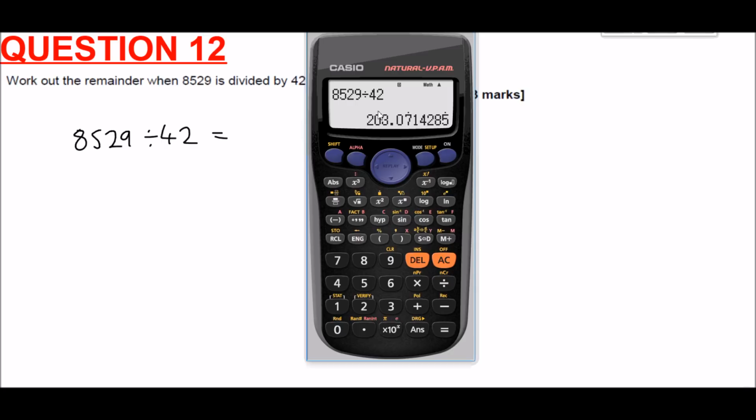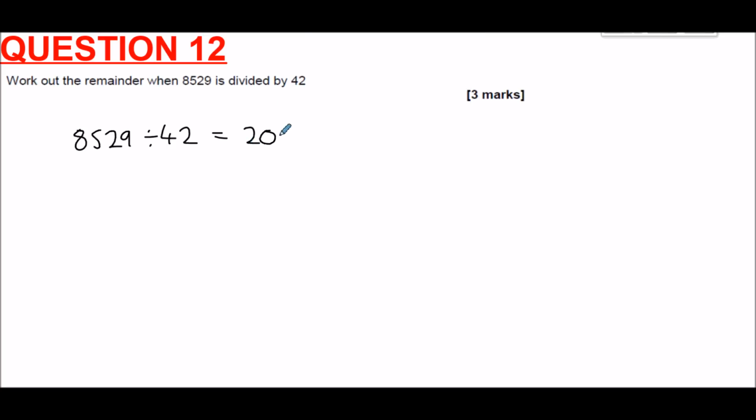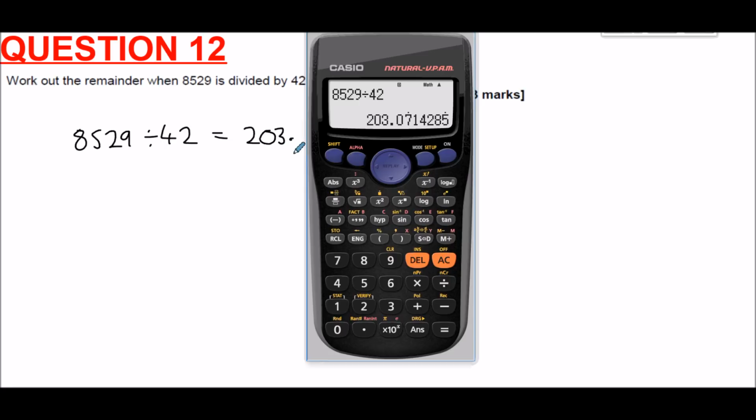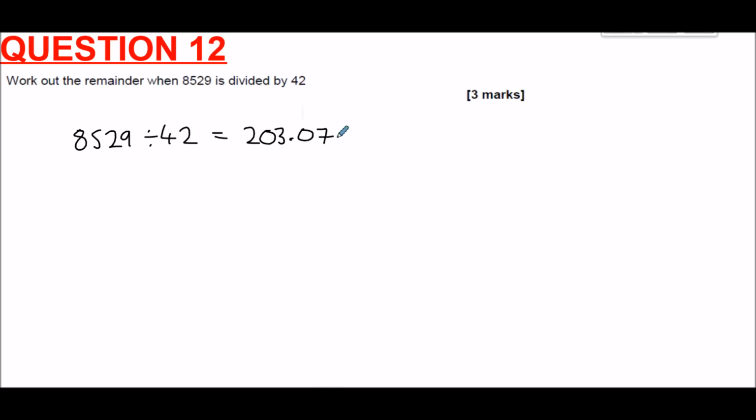So it's 203 whole times we can fit 42 into 8529, and this little bit here represents the remainder. So 203.0714, and so on. So the way to interpret that would be 203 and a bit. That decimal part is a bit, and that is going to be the remainder.